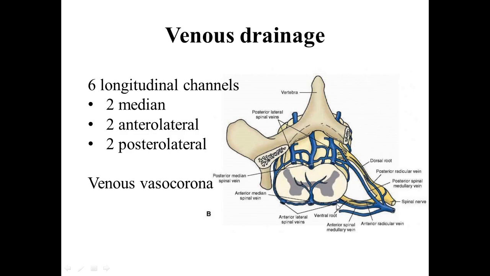Then there are 2 anterolateral venous channels situated in the anterolateral sulci, and 2 posterolateral venous channels located in the posterolateral sulci. These 6 venous channels form a plexus which is called the venous vasocorona.